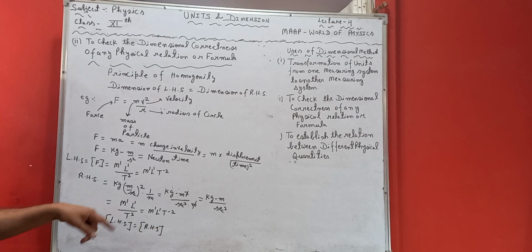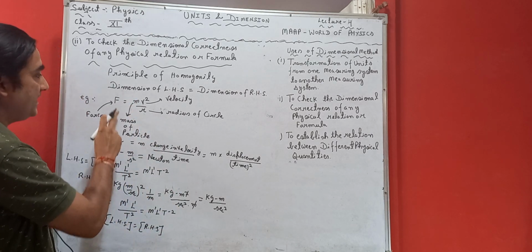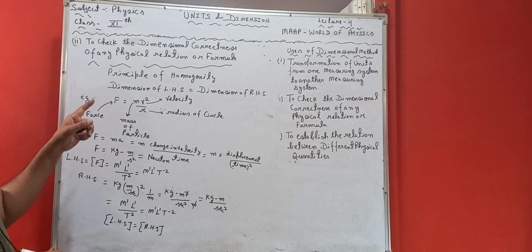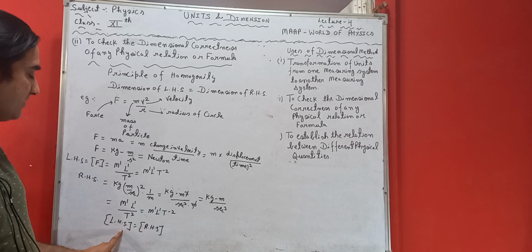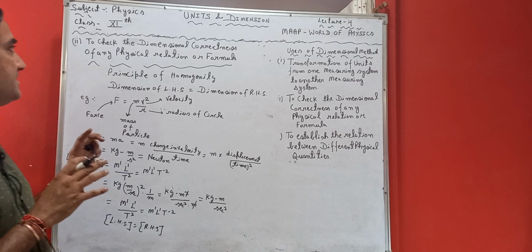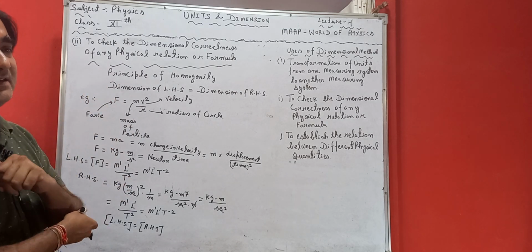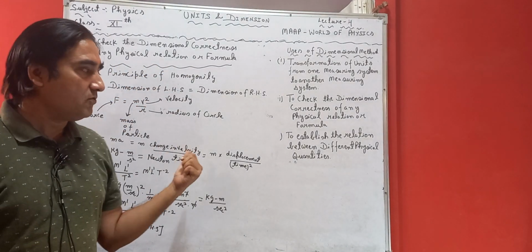If these two dimensions are equal, then we can say this formula is correct. If RHS was not equal to LHS, then we can say that this formula is not correct. So this is the way we can check the dimensional correctness of any physical relation or formula.